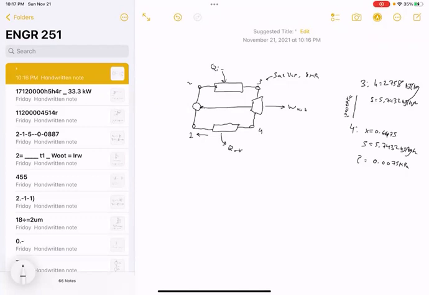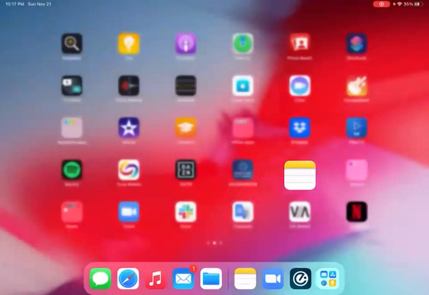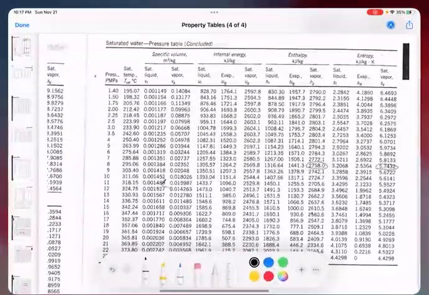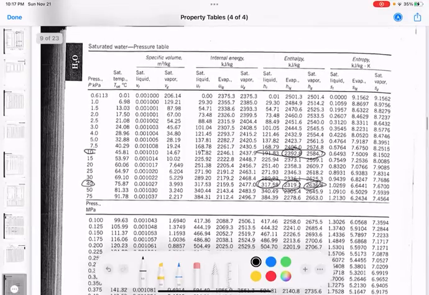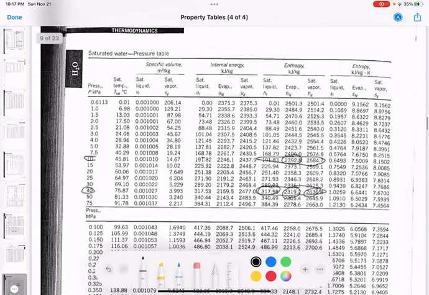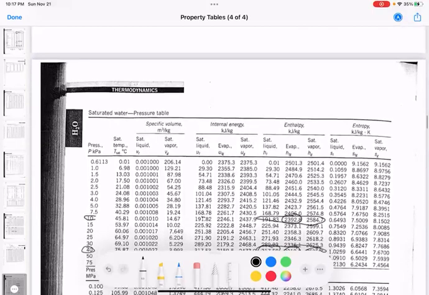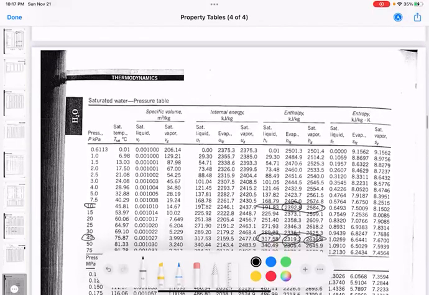So let's go see what that looks like. 0.0075 megapascals. Where are we here? Here, 7.5 kilopascals. Good. This line is what we're interested in. We can do a sort of check for ourselves on the entropy.